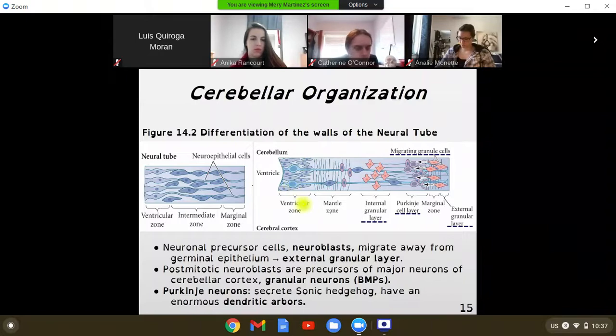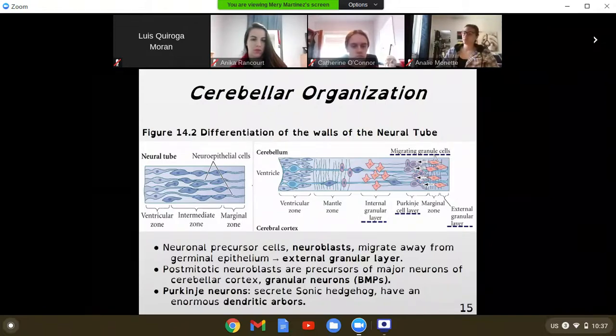Now, Purkinje cells are going to secrete one of our best friends in development, Sonic hedgehog, which sustains the division of the granule neuron precursors in the external layer. You see how these ones are so close to the external granular cells. Because the Purkinje cells place themselves nearby, the secretion of Sonic hedgehog maintains the proliferation of the external granular layer, so they can migrate to form the internal granular layer.